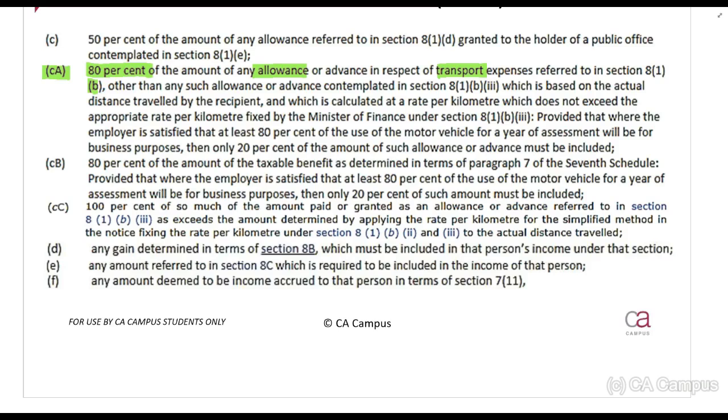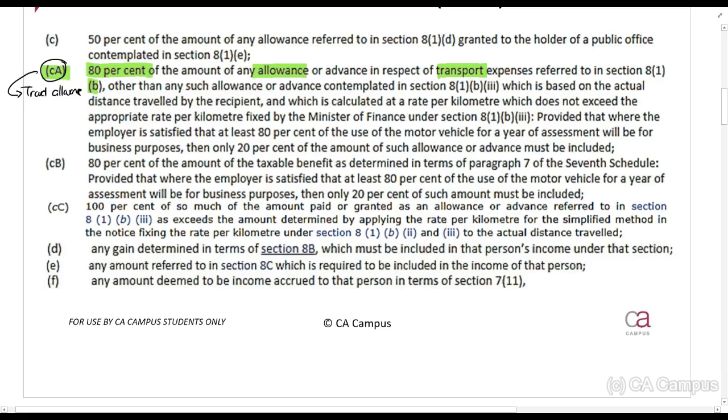Let's just quickly say what this means. This one talks about travel allowance, right? Not company car, remember, travel allowance if you receive money.